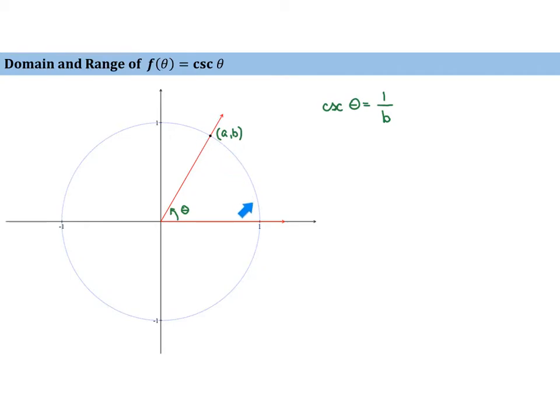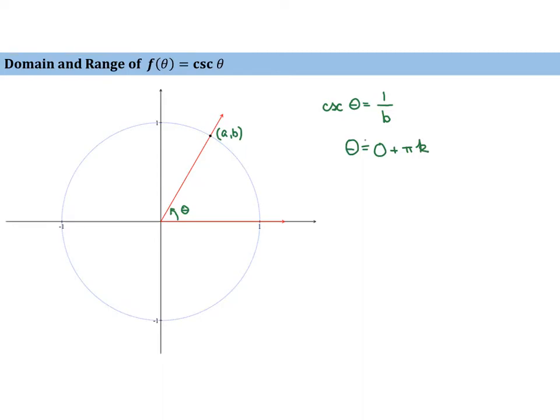So when y equals 0, our angle would be 0, or pi, or 2 pi, or 3 pi, or we could go clockwise and we would have negative pi, negative 2 pi, and so on. So if we don't want b to equal 0, then theta cannot be 0 plus any multiple of pi.